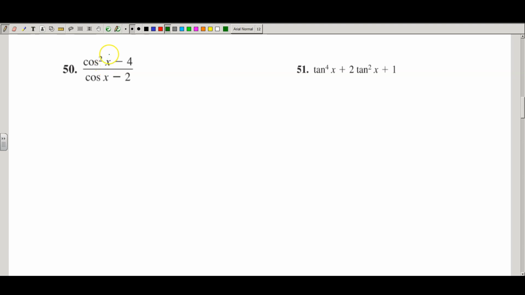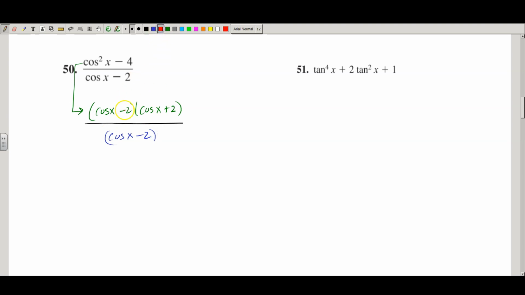Number 50, you could factor this because the top here is your classic difference of two squares. So cosine squared x minus 4, you could factor to cosine x minus 2 and cosine x plus 2, because that's the difference of two squares, divided by cosine x minus 2.